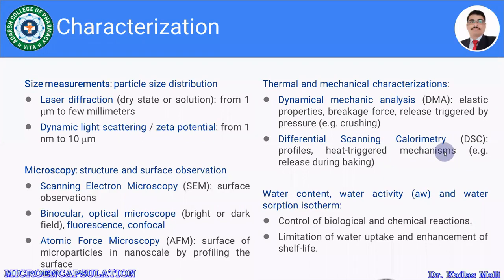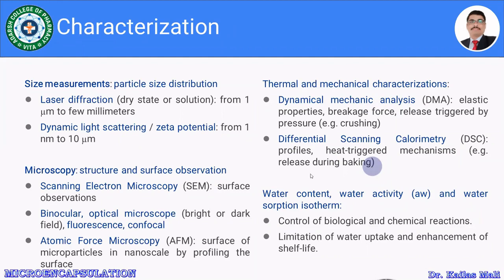It is possible to get the idea about the glass transition temperature of the total system or the polymer. So there are two methods in the thermal and mechanical characterization, that is dynamic mechanical analysis and differential scanning calorimetry.